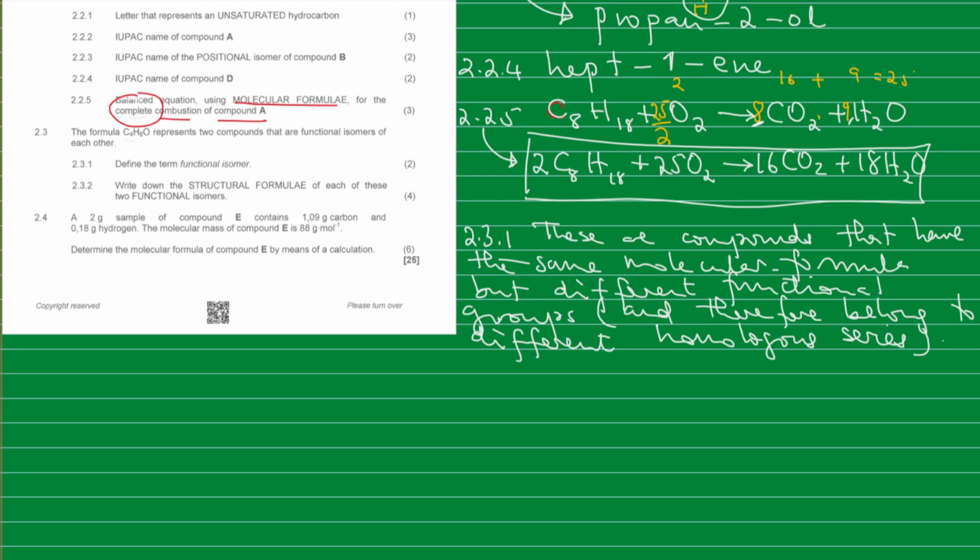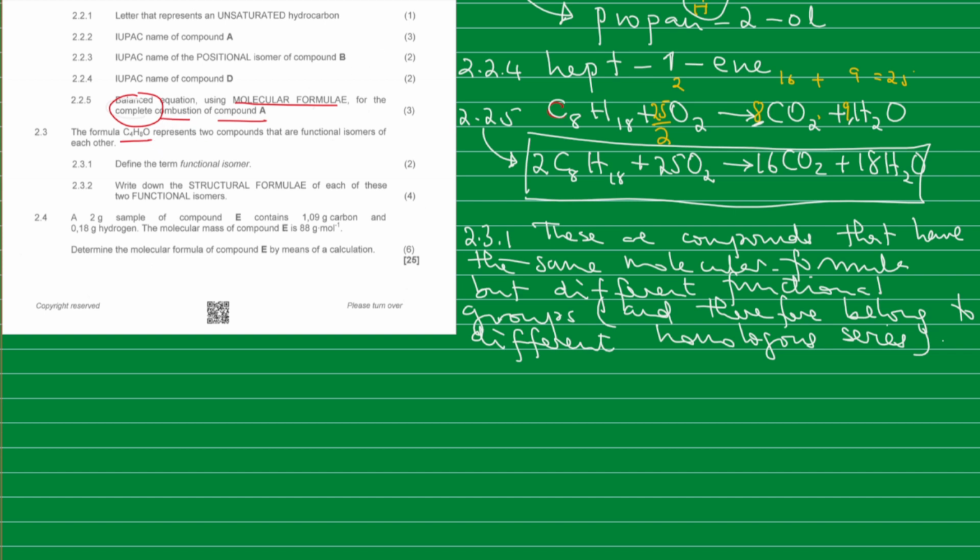Okay, that's a molecular formula there. So we might have two compounds that have got the same formula, but they belong to different homologous series. In other words, they've got different functional groups. Remember, what separates homologous series are the functional groups.